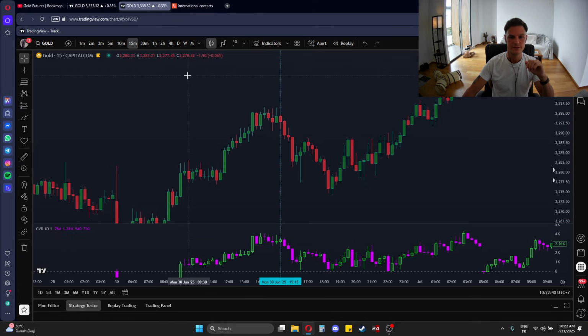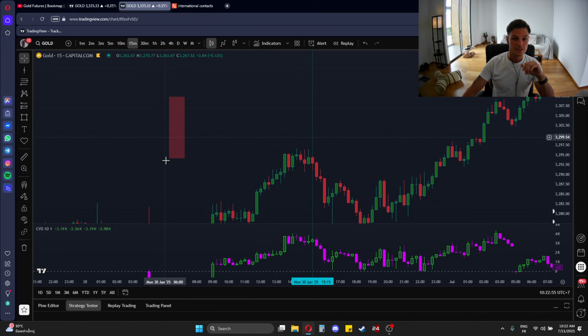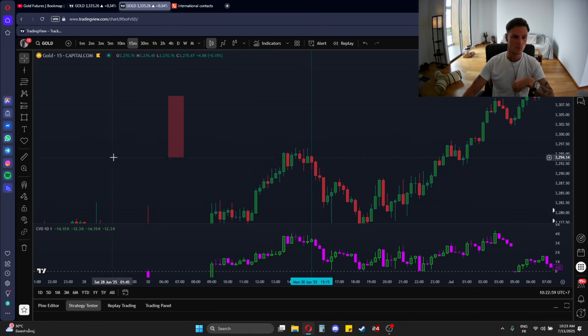Now, what does delta mean? Well, let me give you an example. I'm a terrible drawer, but you'll get it. So let's say we have a red candle here on the CVD, not on the chart. Well, what's going on in this candle? You have market buyers and market sellers within the candle, right? It's not just all sellers here.